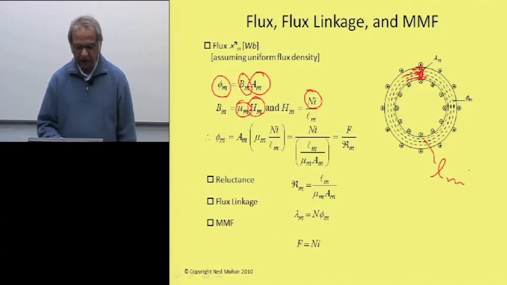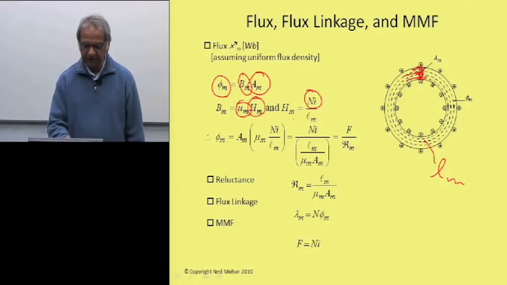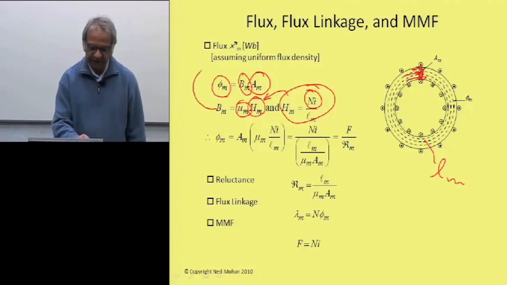So now what we can do is we can substitute H sub m from this expression into here, and then we can substitute B sub m from here to here.